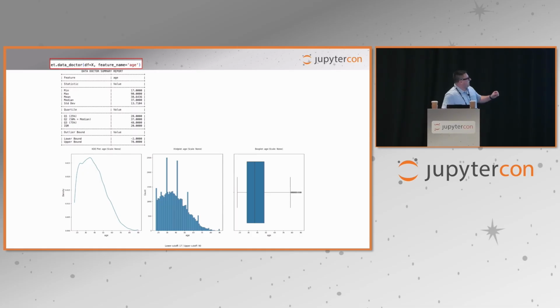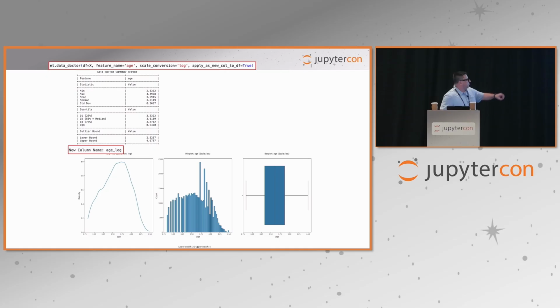But once we've applied that log transformation, those visuals are showing us that now we have more of a normal curve there in the KDE. The box plot itself took care of those outliers. And since we are doing apply as new column to df true, we get a new column indicator here. So our new column that's been added to that same data frame is named age_log in this particular case.